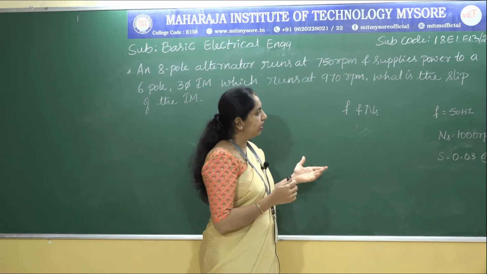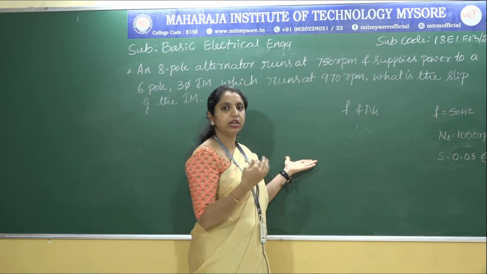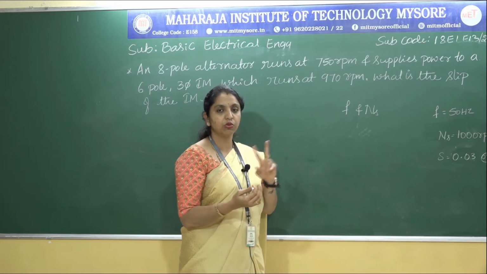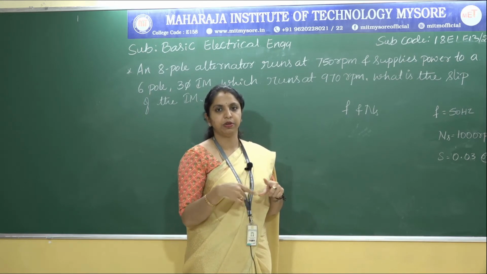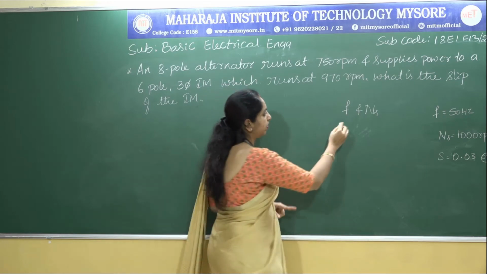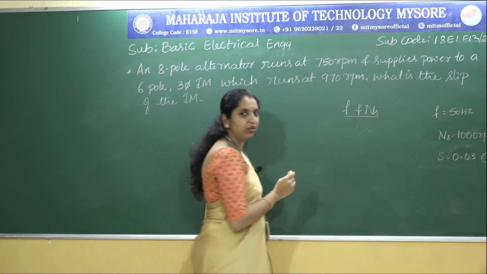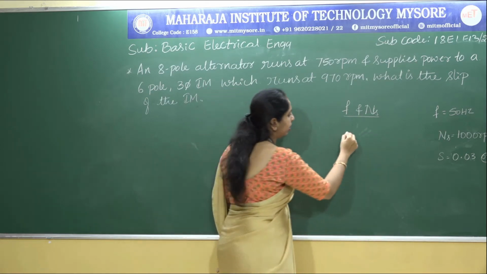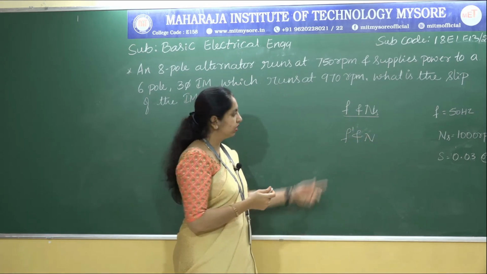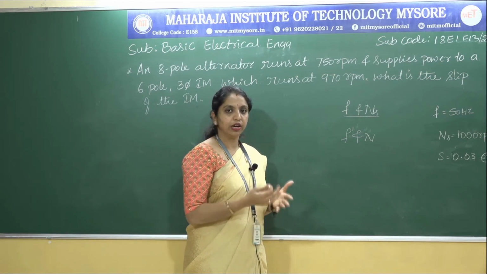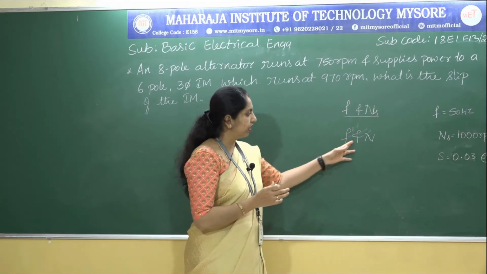There are two speeds here: one is the synchronous speed Ns, and another one is N, which we call the speed of the rotor. f is the frequency and Ns is the synchronous speed, and these two are related to the rotating magnetic field. Similarly, f dash and N are the values related to the rotor.